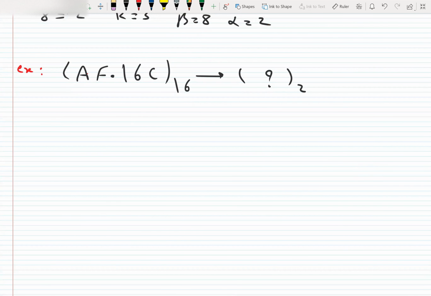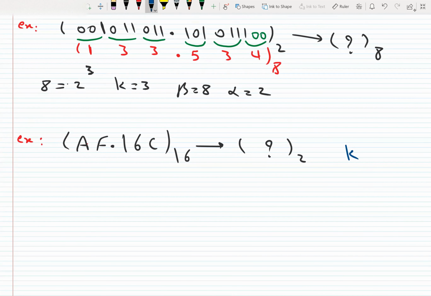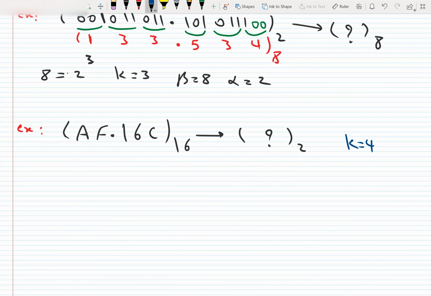Because k is equal to 4 for this example, we convert each digit from the higher base to 4 digits in the lower base. So A is 10, which for a binary number is 1011.